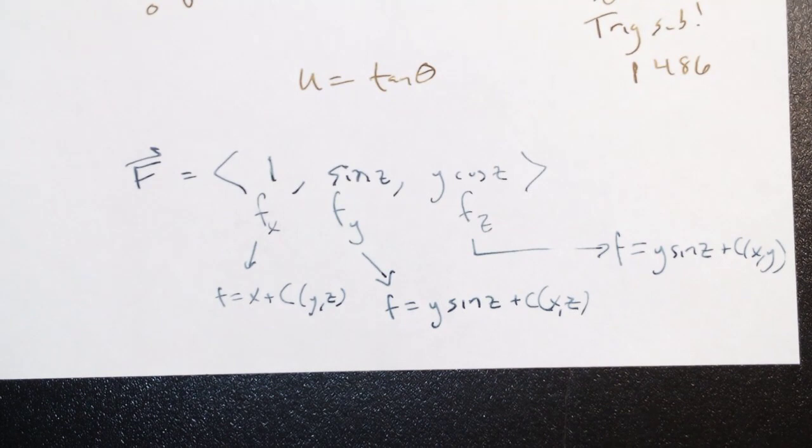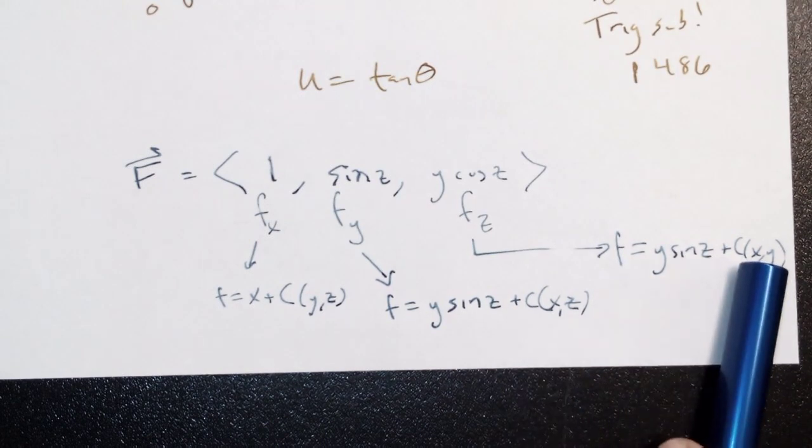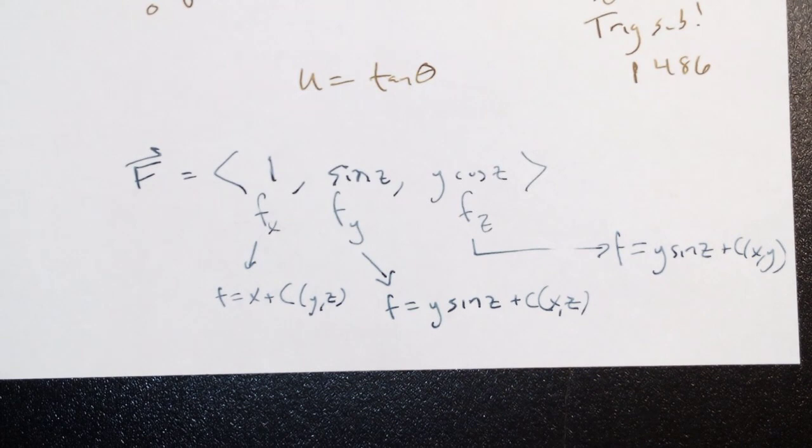Can I make all of these work together? Where's the y sine z in this part? Where's the x in this part? Because that could have constants that are x's or z's or both, right? Same thing here.